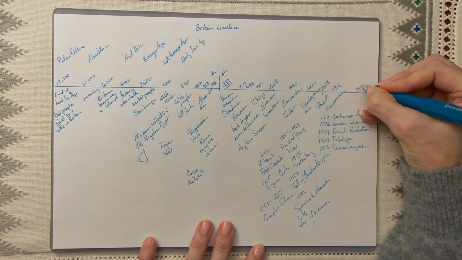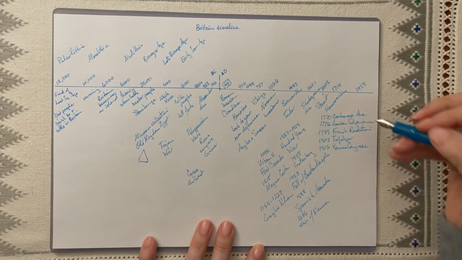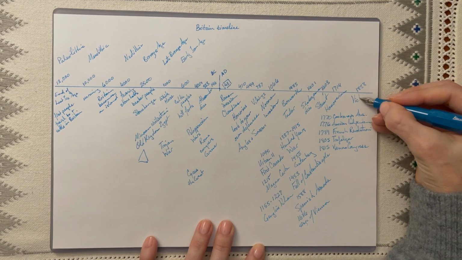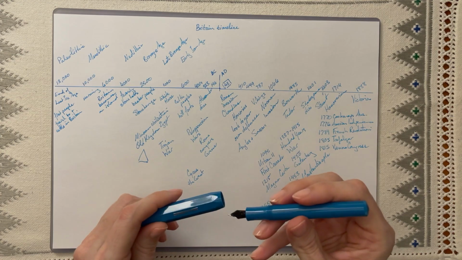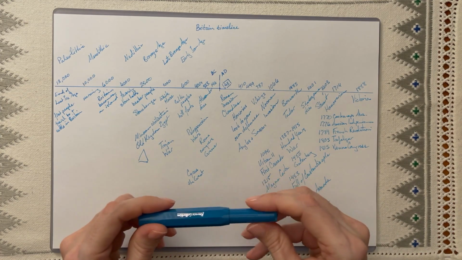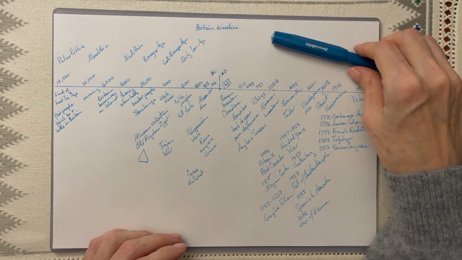What happens in 1838? Queen Victoria ascends to the throne, and the rest is history.